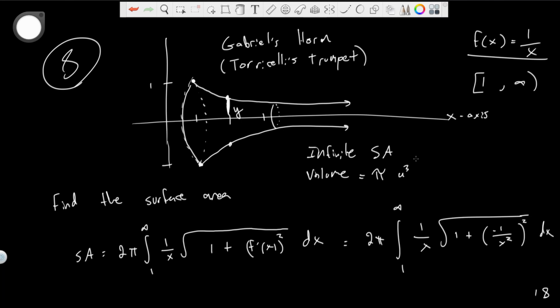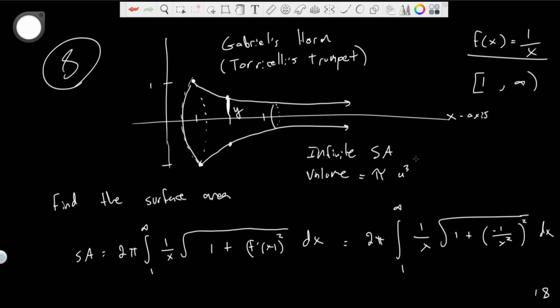This object has infinite surface area but finite volume, which means I can fill this trumpet with paint. If I go to Home Depot and buy pi units cubed of paint and pour it into this thing, it will fill it up. But I cannot paint the surface area of this horn.